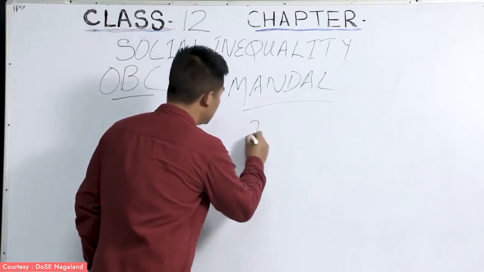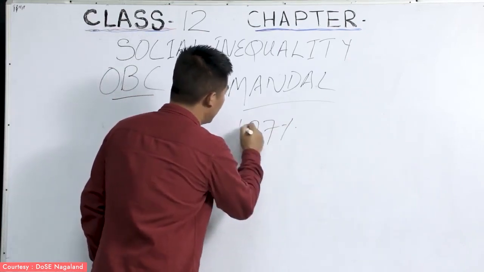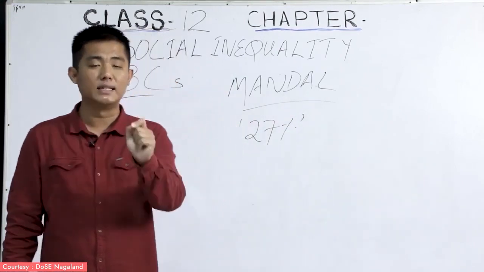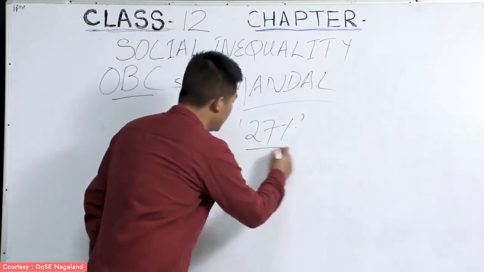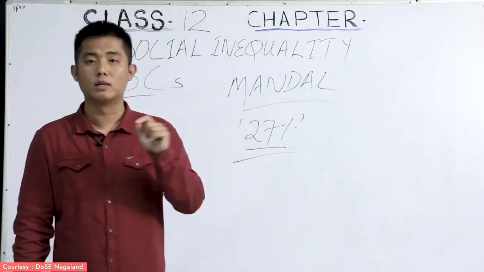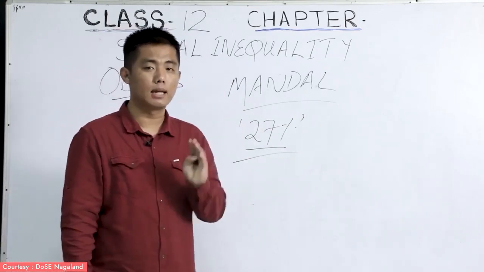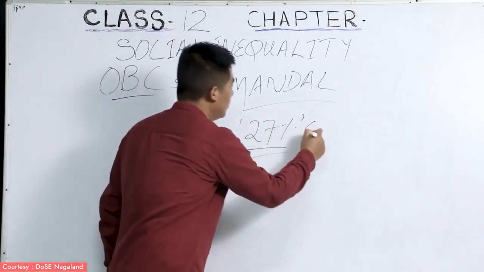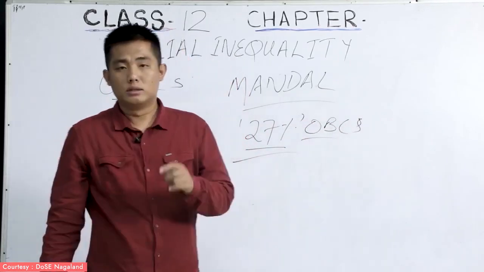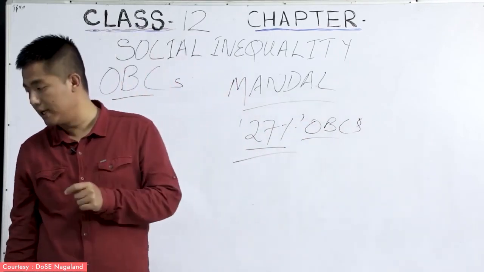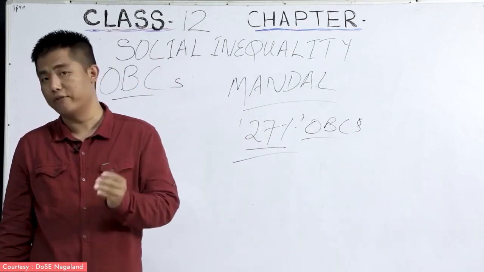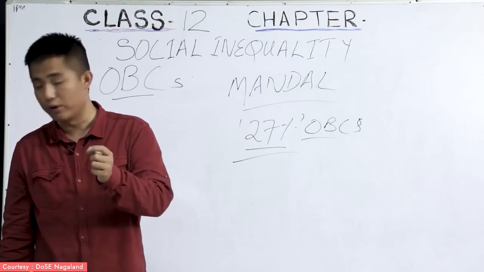They suggested that 27% of the government jobs in the government sector should be reserved for the OBCs. It was in the year 1979. Kindly underline that point; it is there in your fourth paragraph, second or third line.